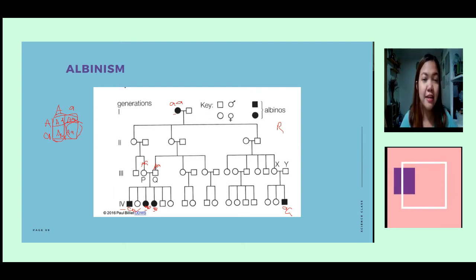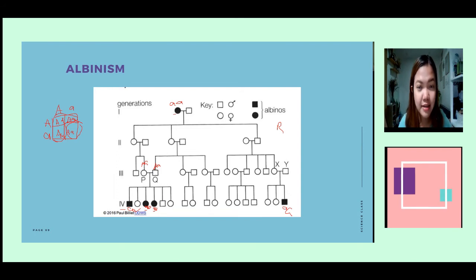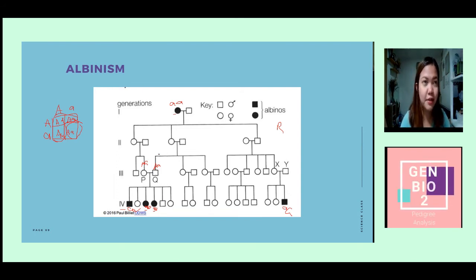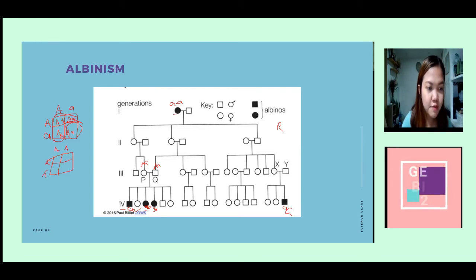So, bakit? Baka isipin nyo, bakit hindi na lang pwedeng dalawa sila homo-dominant? Kasi unaffected sila. Yung sabihin, it's either homo-dominant or hetero, diba? So, pag pinag-cross mo kasi yung dalawang homo-dominant, lahat ng offspring should be unaffected.